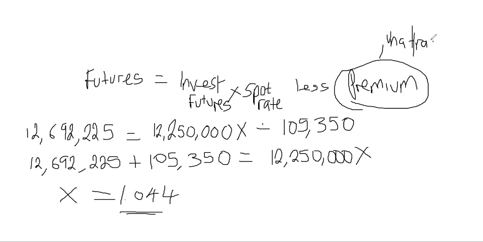Yes, that 105,350 makes it more unattractive. So what does it mean with this type of hedging here? The hedging was actually imperfect.